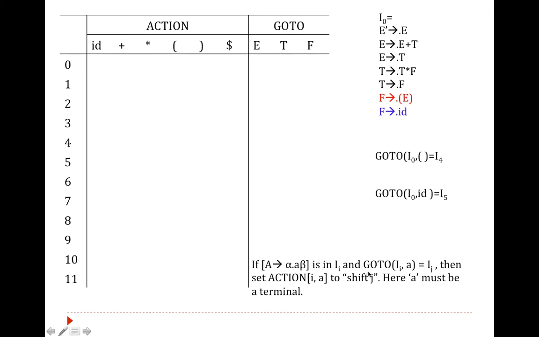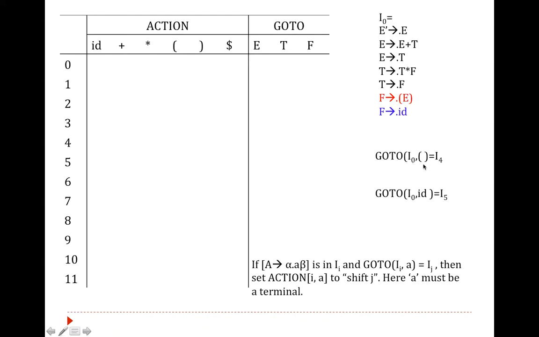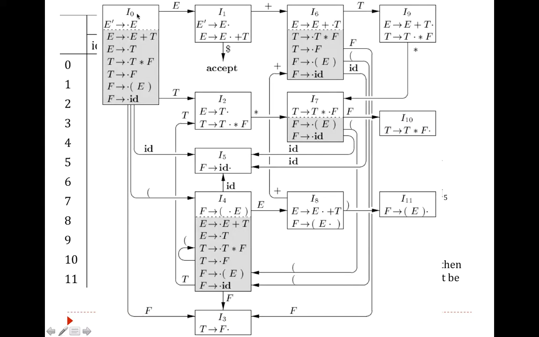Now we have to find the goto of Ii, that means goto of I0 with the terminals opening bracket and ID. If you refer to the automata, goto of I0 with opening bracket goes to I4, and goto of I0 with ID goes to I5. The same is listed here.